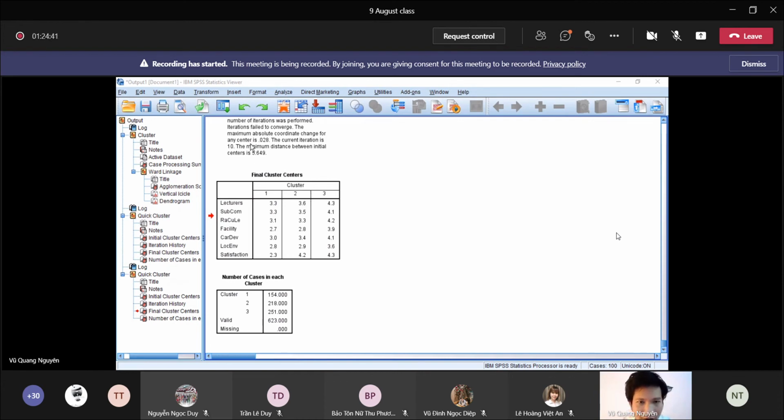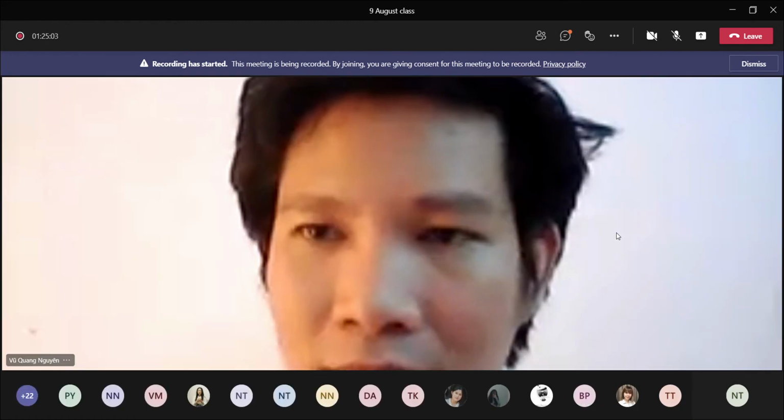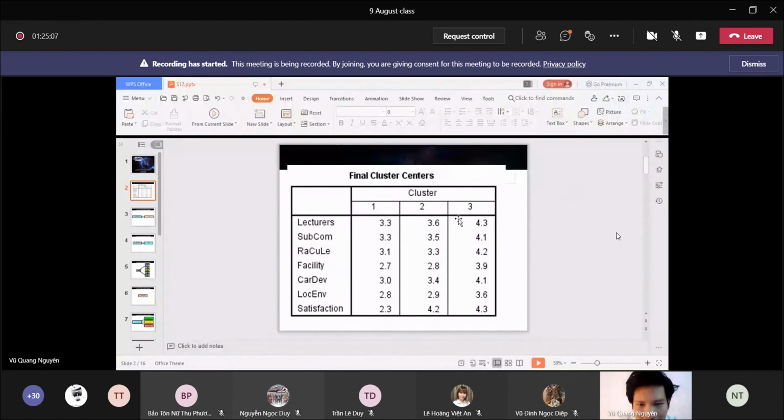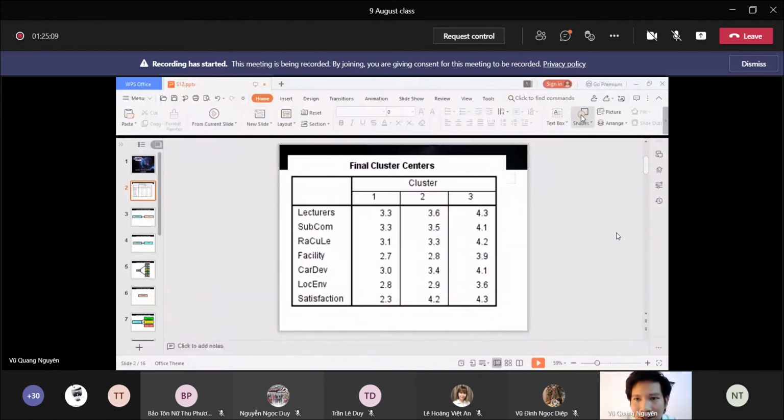Let's delete everything in PowerPoint first. Here, we have 3 clusters now in PowerPoint. I'll show you how I do this.